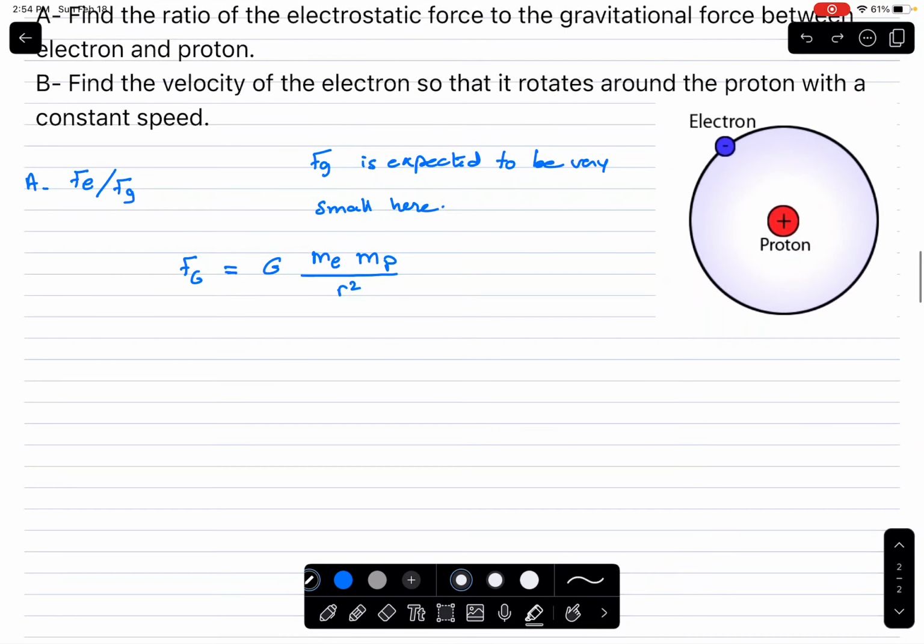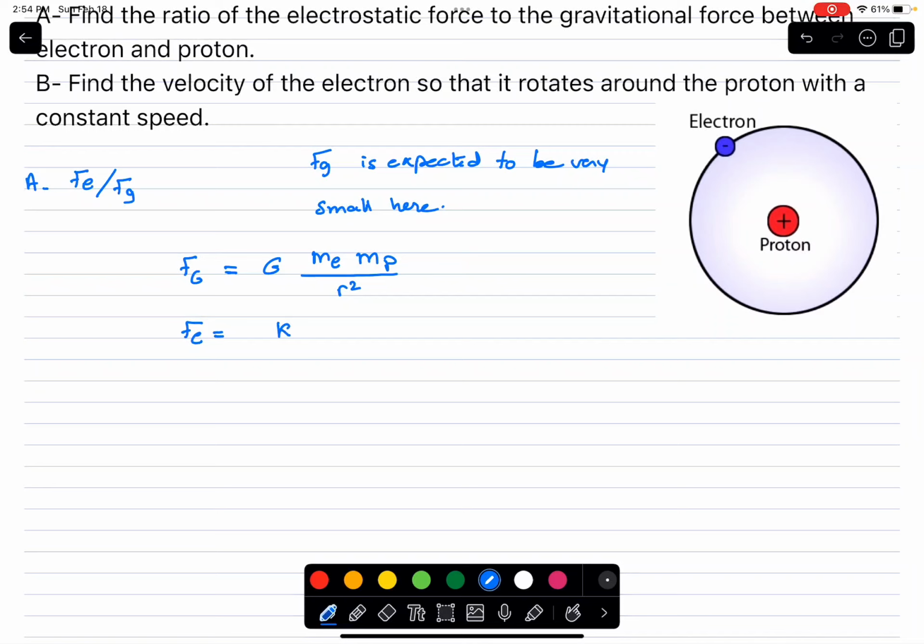So going back to our question, I can write down the formula for the electric force. This will be K, Q of the electron, Q of the proton, over the separation between them squared. These will be in absolute values, because, as we said, they have to be magnitudes.